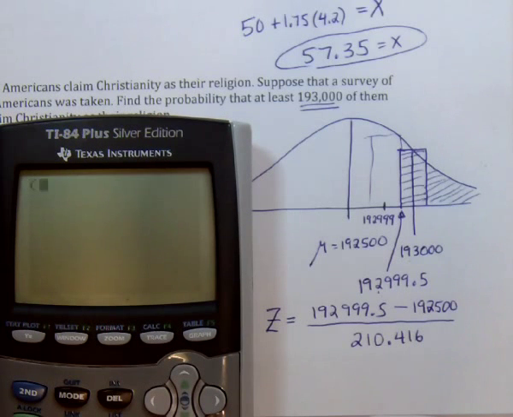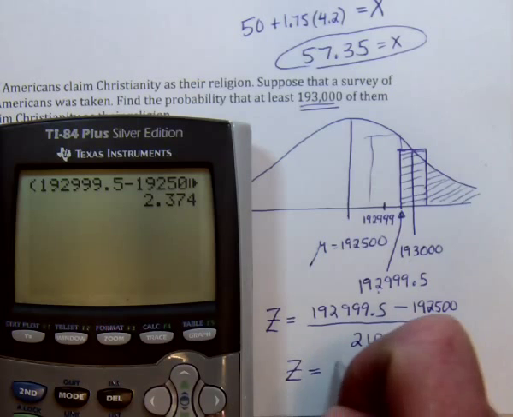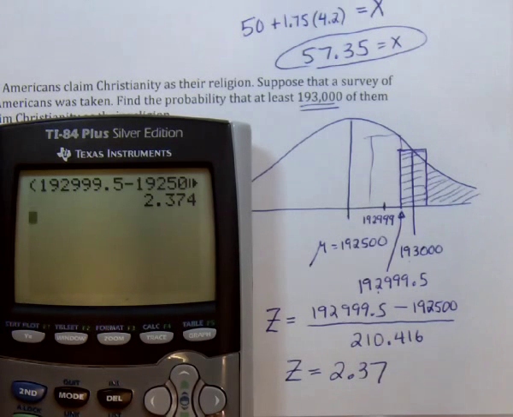So let's see, 192,999.5 minus 192,500, parenthesis, divided by 210.416. So that turns out to be a z equals 2.37, rounding to 2 decimal places.